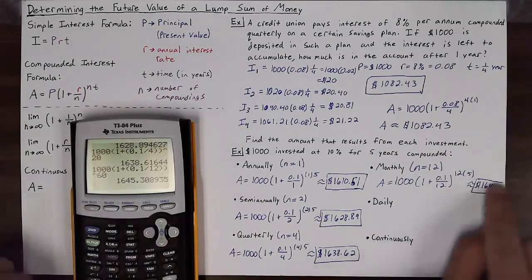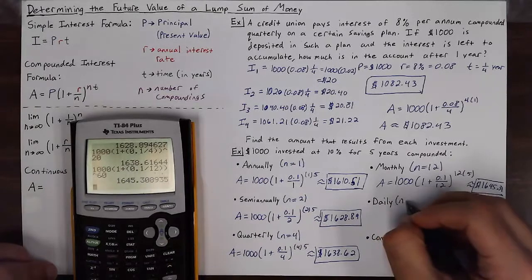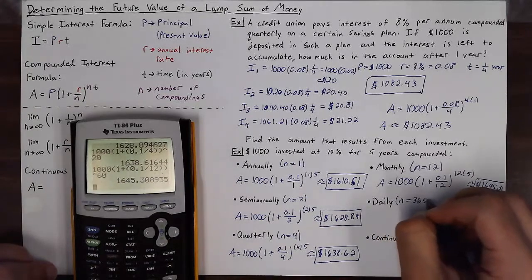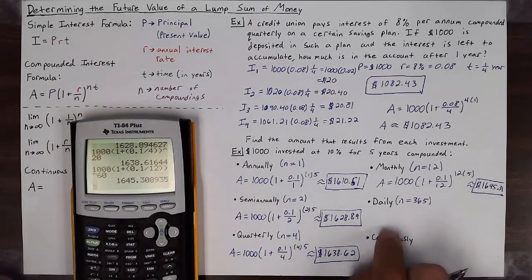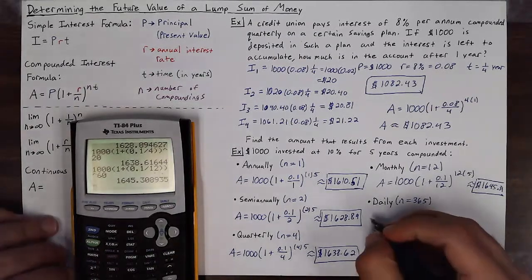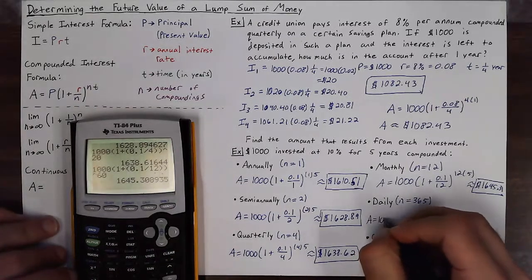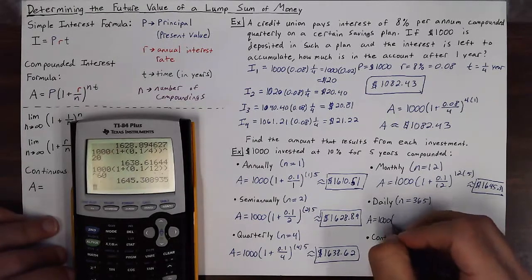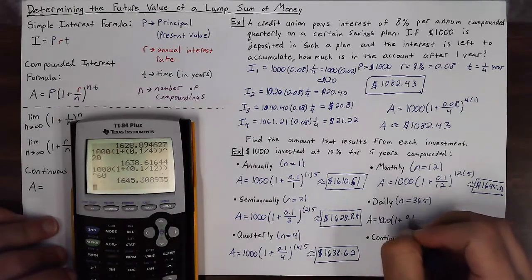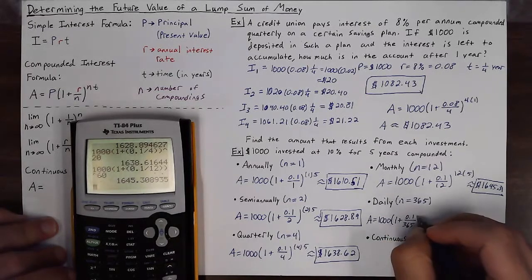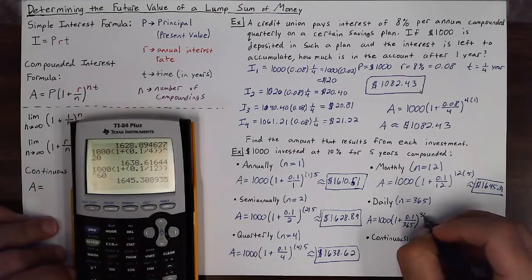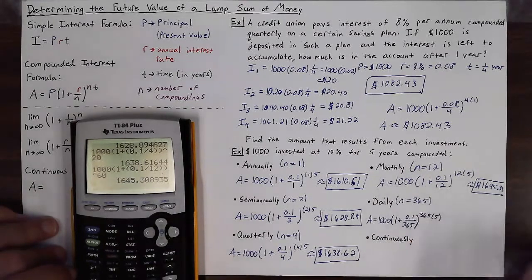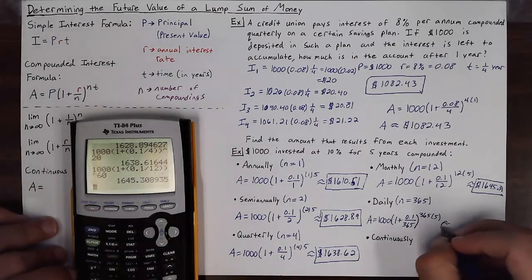But I can keep doing this. Let's do it daily, which means 365 times in a year. Unless it's a leap year, then 366. But we'll go with simply 365. So my future value will be 1,000 times 1 plus 0.1 divided over 365 days. And raise that to the 365 times 5 power. And we'll figure out how much this is.